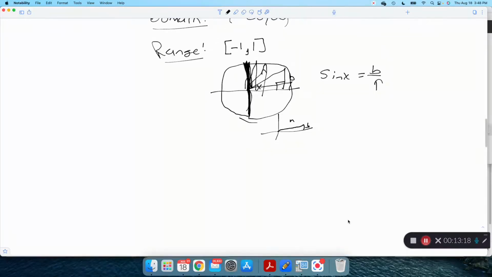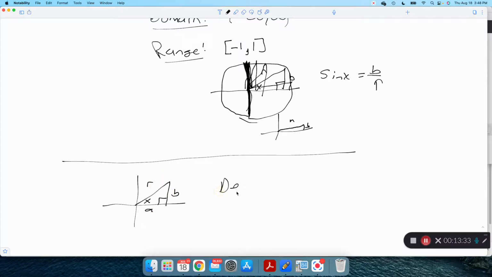Okay, let's do the same thing for cosine. This will go much quicker now. I have any angle in any quadrant. Here's x, here's A, B, and R. We define cosine of x, cosine of the angle x, to be the horizontal component over R. Sine goes with the y value, if you want to think like that.